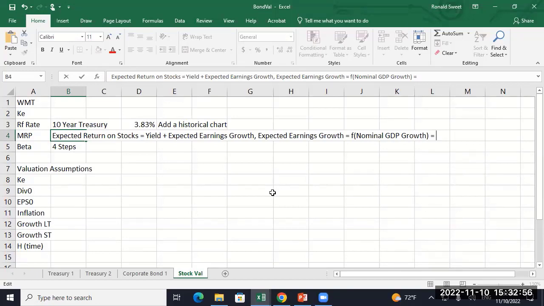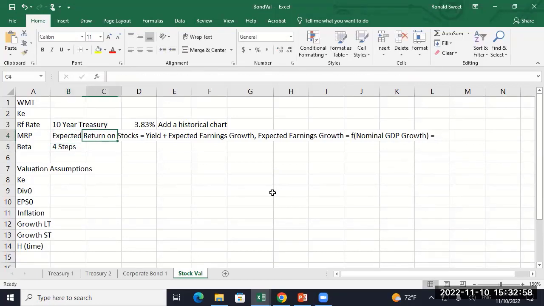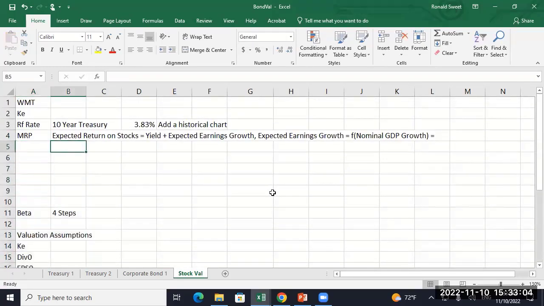So the dividend yield for the stock market. So let's do that. How can we do that? Well, the easiest way, when we're talking about the market, the stock market, we generally mean the S&P 500.